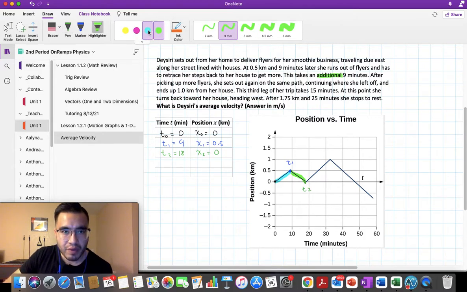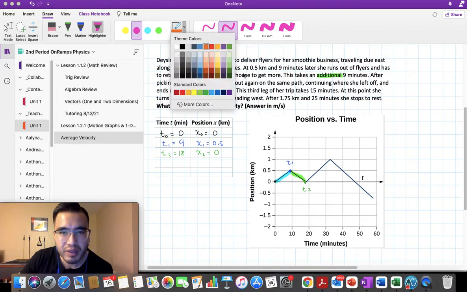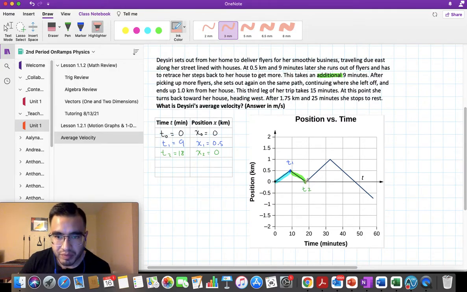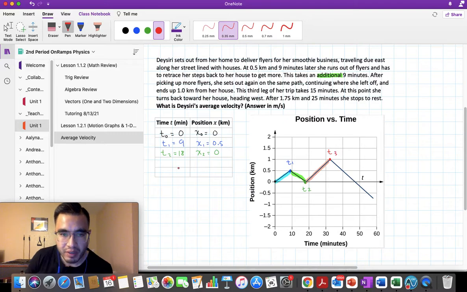Now let's go for the third one. So from here to here, and then I'm going to pick red for my color. This would be time 3.